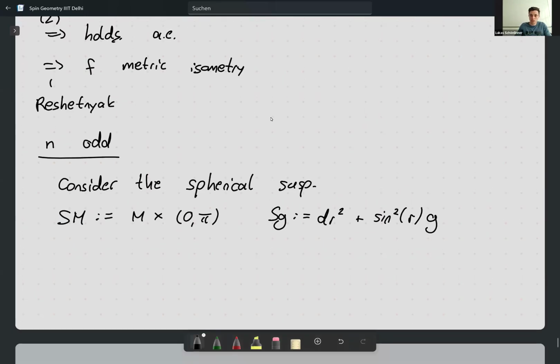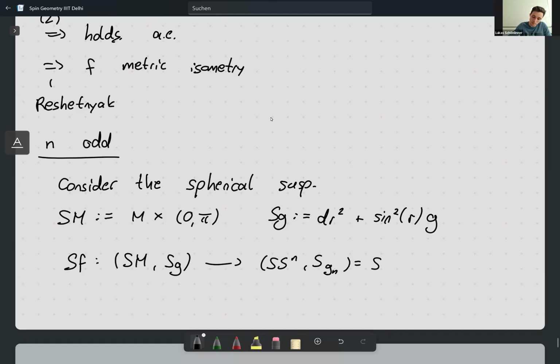And this construction is functorial in the sense that we can also transfer the map F into a map SF, going from the suspension of M to the suspension of S^n, which will be just the n+1 sphere with north and south pole removed, and the metric on S^(n+1).